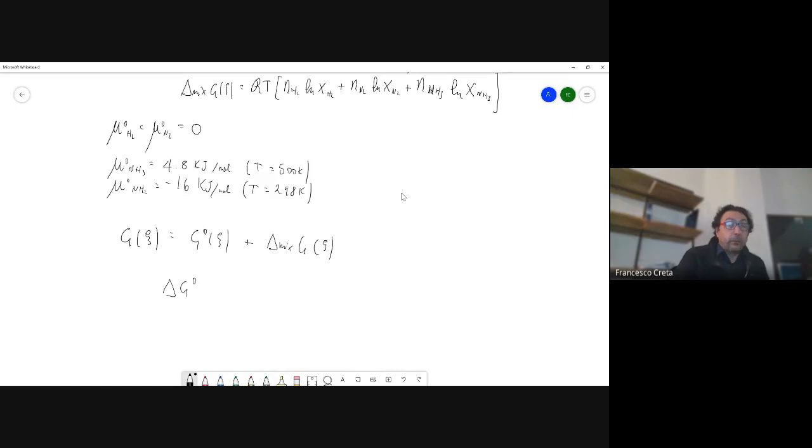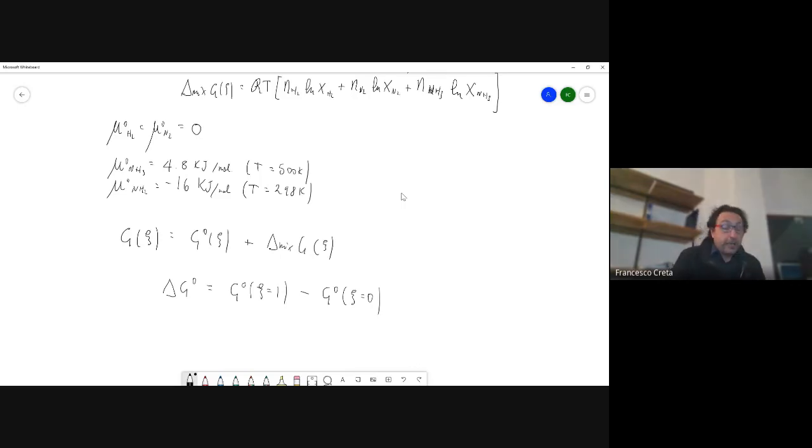This is essentially the difference between the standard Gibbs energy of the unmixed species at psi equals 1, so when your reaction is all shifted towards the right, minus G0 of the reactants when the reaction is completely shifted to the left, okay?